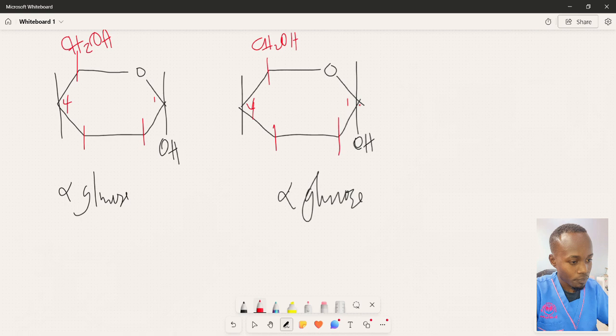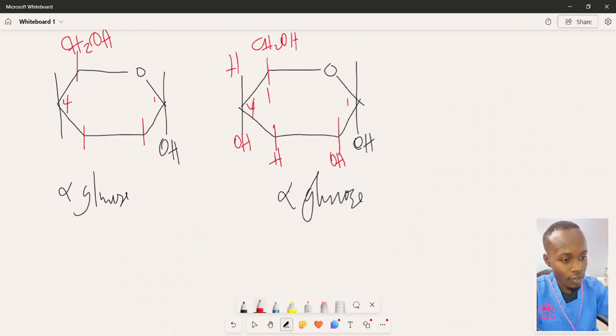Carbon number 1 here, then carbon number 2 we always have OH for glucose. Carbon number 3 we have H. Carbon number 4 we have OH. And up here, like I said, we are going to have H, because of that alteration of the carbon number 5.